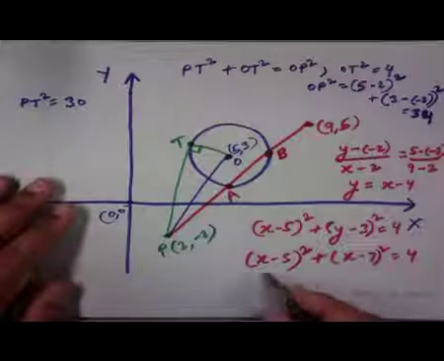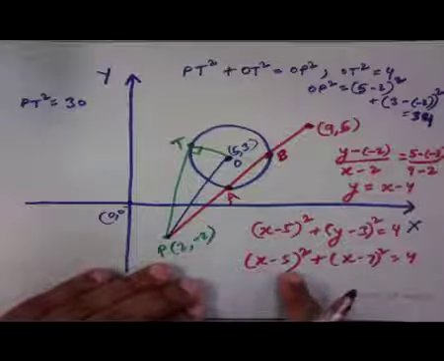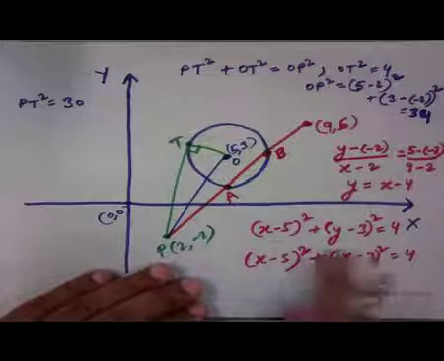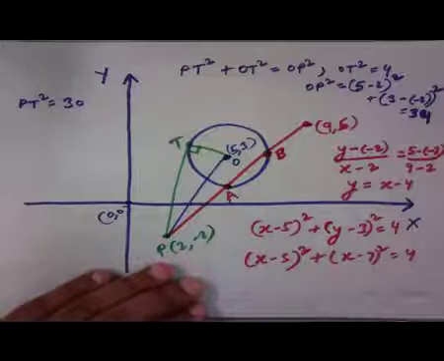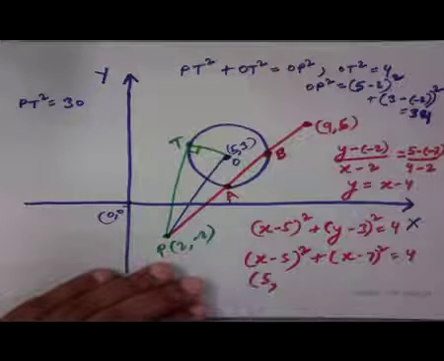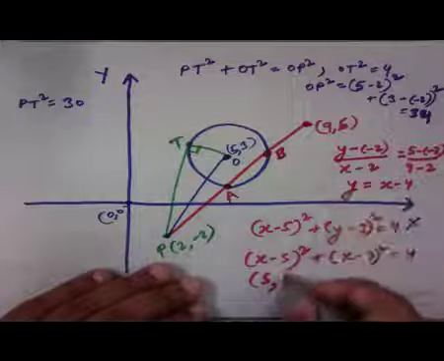So, the first value of x that we obviously get is x equal to 5, because when we put x equal to 5, the left hand side will compute to be 4. So, one solution is x equal to 5, and when x is equal to 5, the y coordinate should be 1.